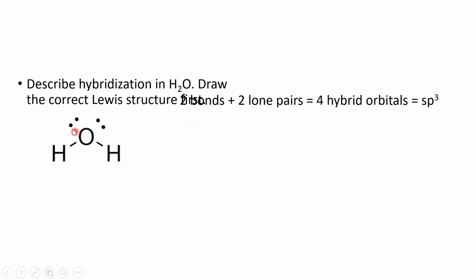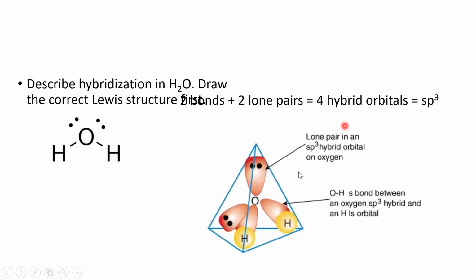So on oxygen, we're going to need 1, 2, 3, 4 equivalent orbitals. So those orbitals are each going to be called sp3 hybridized orbitals.